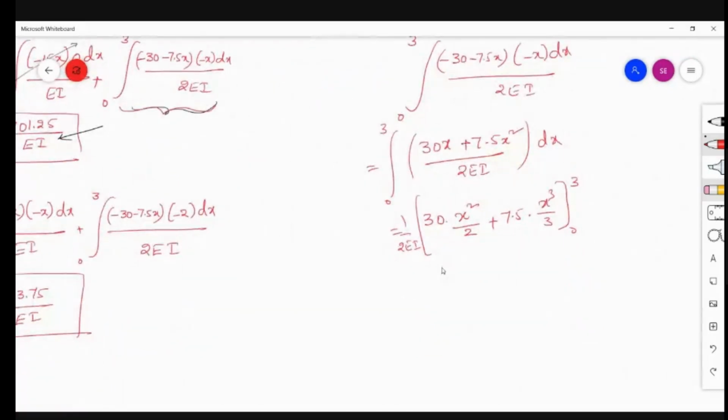So substitute the limits here. 1 by 2EI into 30 into 3 squared by 2 plus 7.5 into 3 cubed by 3. So this is 15 into 9, 135, plus 9 into 7.5.